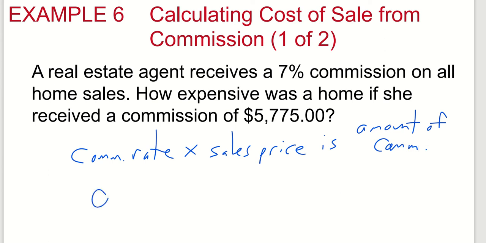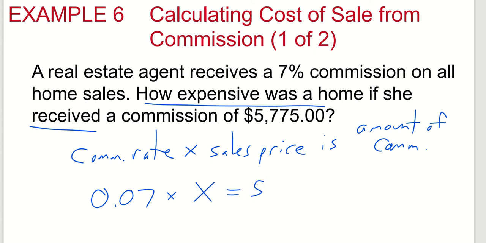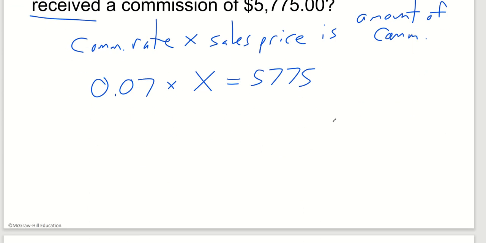We know the commission rate, that's 7%, which we can write as 0.07. The sales price is the thing that we don't know. So let's call that x. And we do know the amount of commission was $5,775. So 0.07 times x equals 5,775.